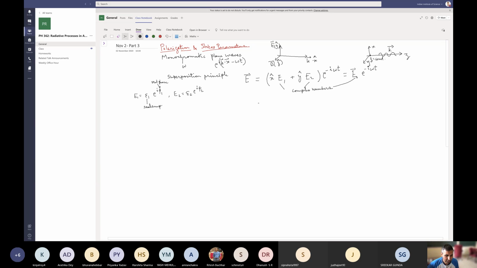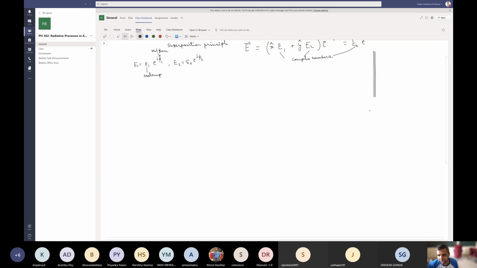Now we are interested in, so let me actually draw a figure. Okay, so this is my x, this is my y-axis, and now I want to trace out my electric field.